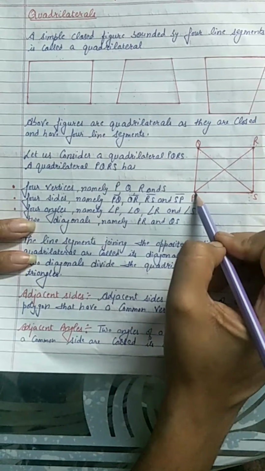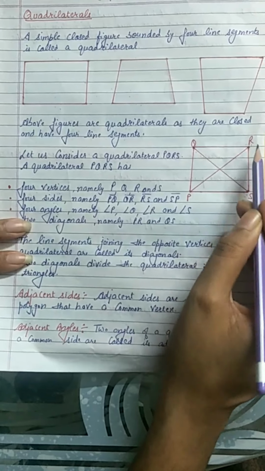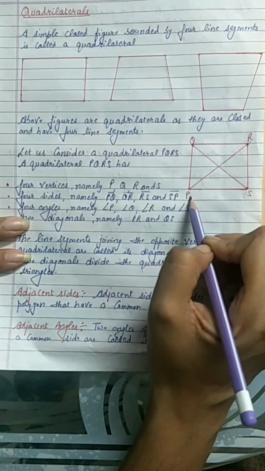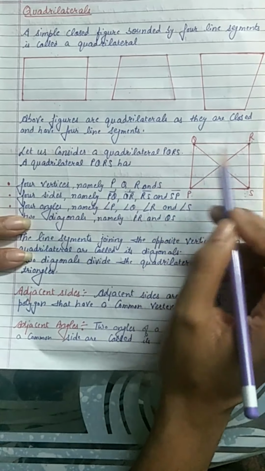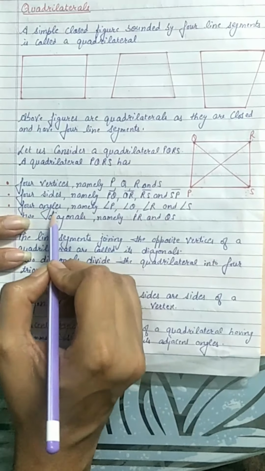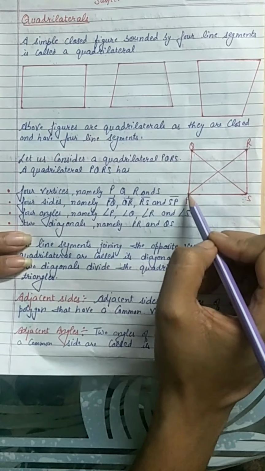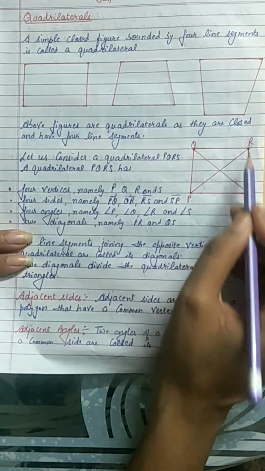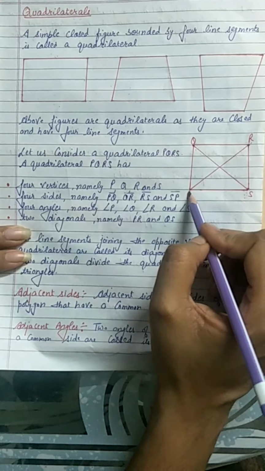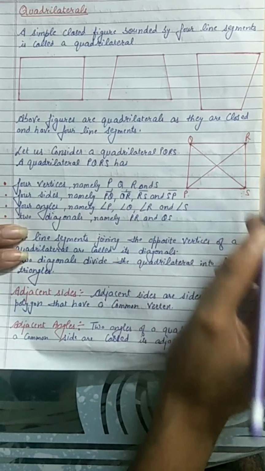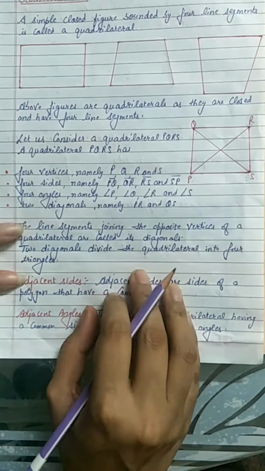You can see the first side PQ, then QR, RS and SP. A quadrilateral has 4 angles. You can see 1, 2, 3, 4: angle P, angle Q, angle R, angle S.